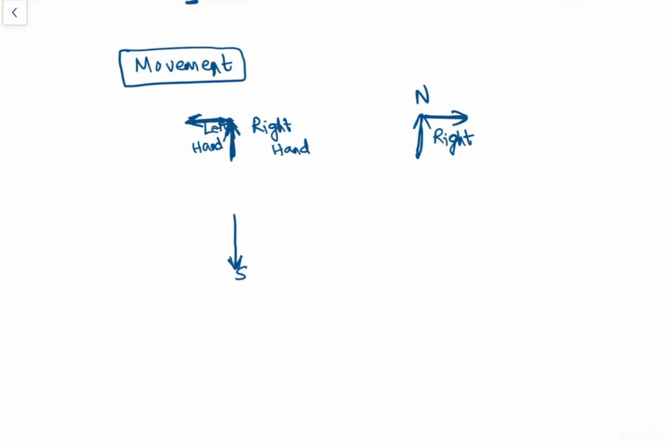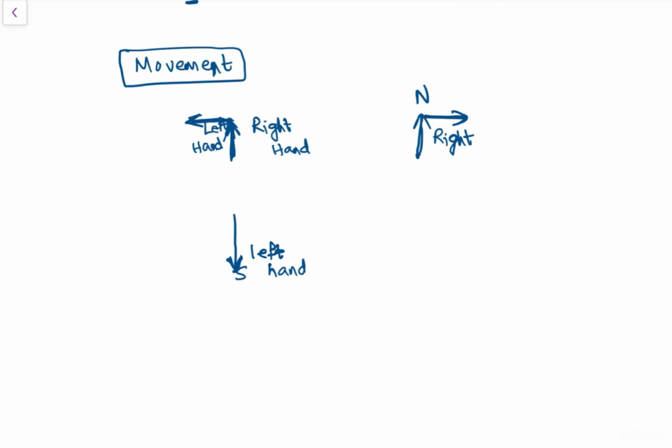Then if someone is facing south, your head is towards the south direction, so your left hand is this side and your right hand is this side. These questions you need to solve with respect to your left hand and right hand.